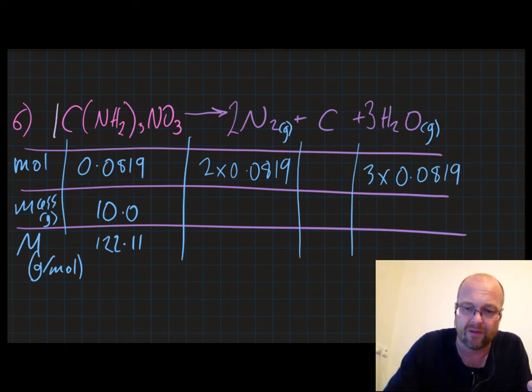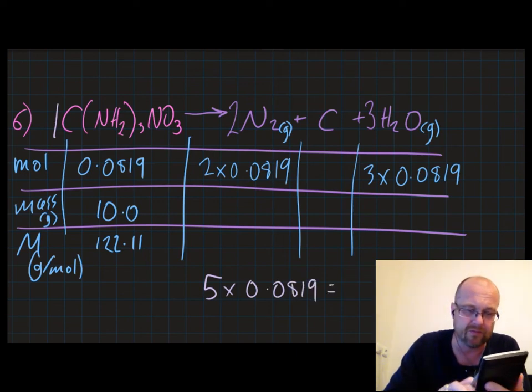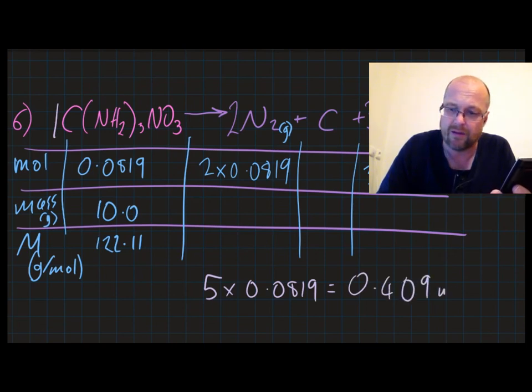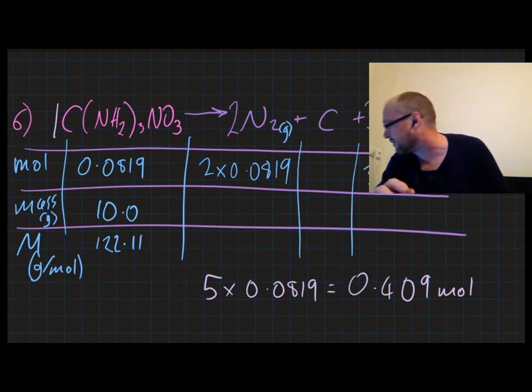So my final answer is going to be 5 times 0.0819, which is going to be 0.409 moles to 3 sig figs.